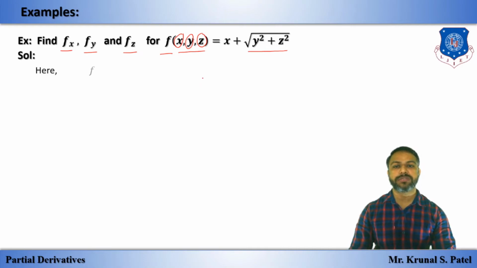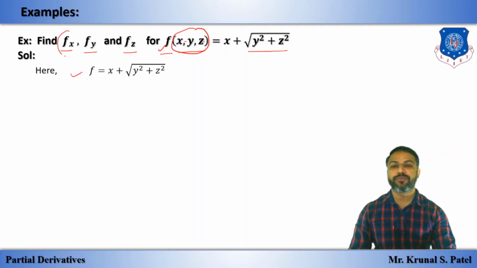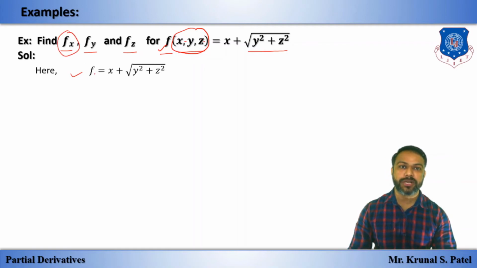First we will write down the given function f is equal to this. And here there is no need to write down x, y and z, because this shows only that the given function f is a function of three independent variables. Now first we will find fx, that means partial differentiation with respect to x.